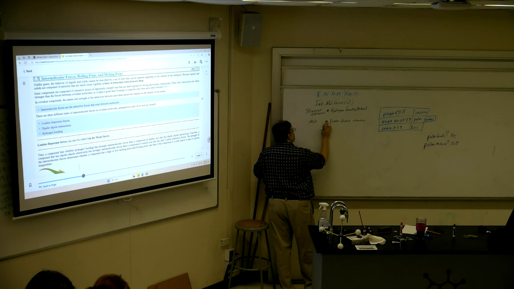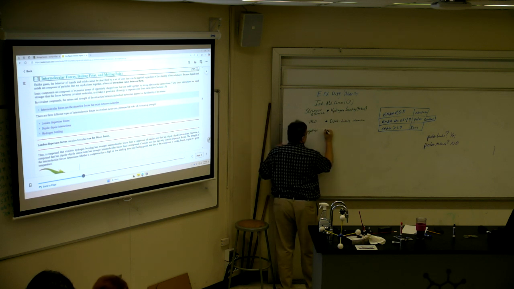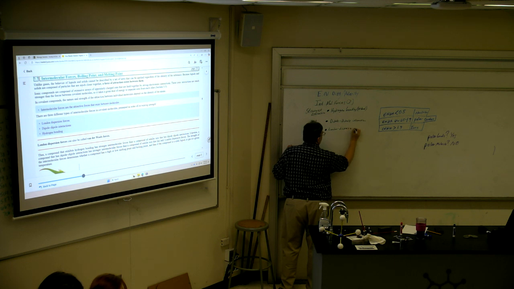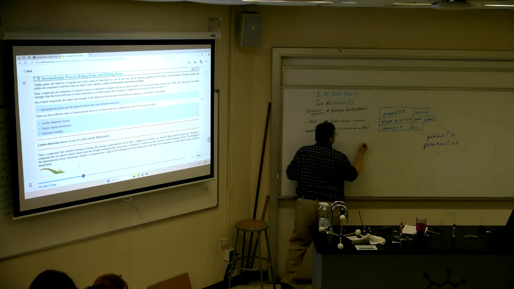So the mid, but by a pretty good gap. Dipole to dipole interaction, and then the weakest, London dispersion forces. I almost always just say LD forces.